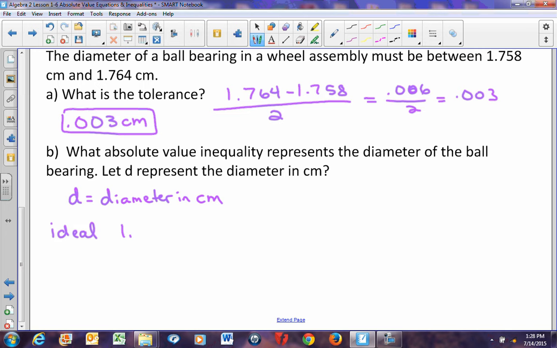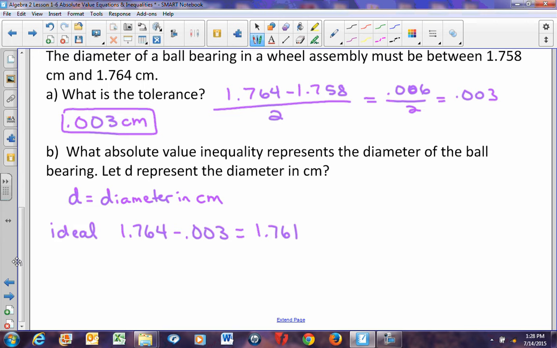So I'm going to take 1.764 and subtract 0.003, and my ideal diameter is 1.761.